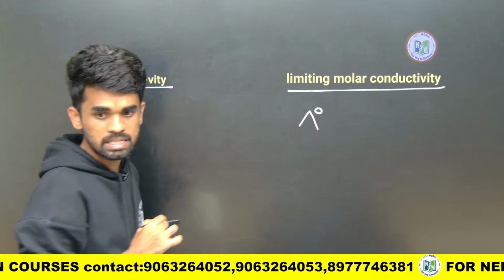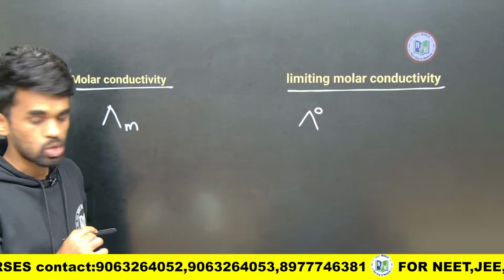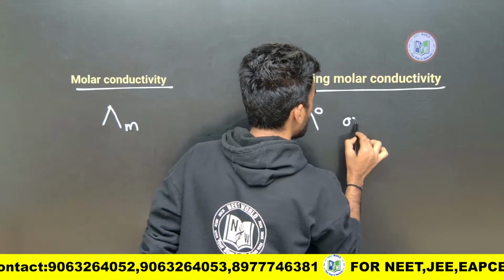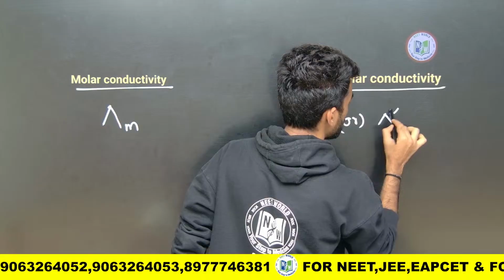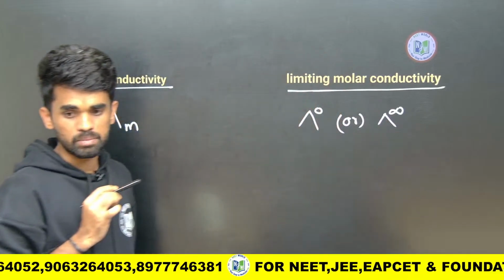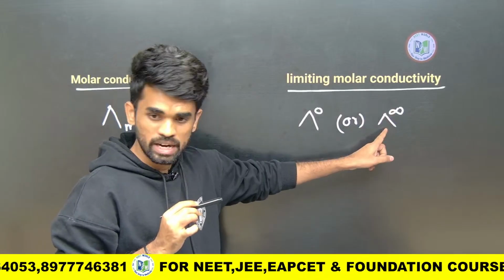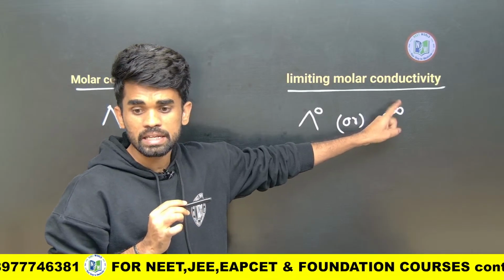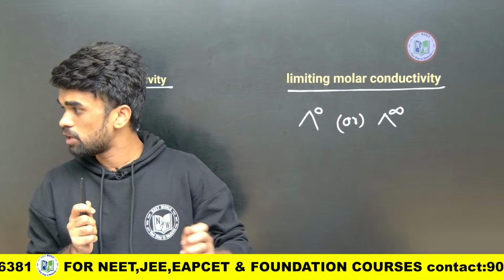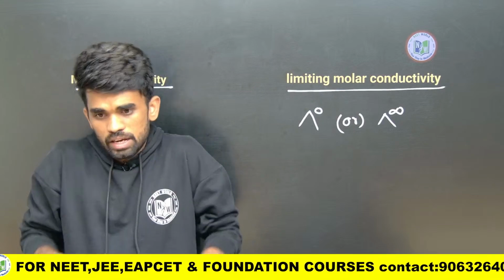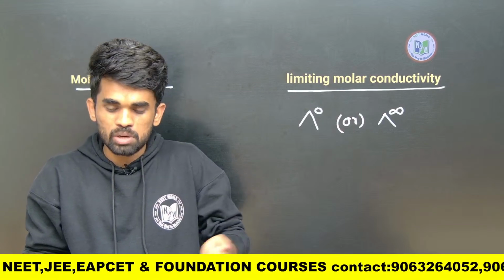Del 0 means zero concentration, or I am writing del infinite. It means the conductivity of that electrolytic solution at infinite dilution. Infinite dilution is also zero concentration only, so the volume is at infinite.